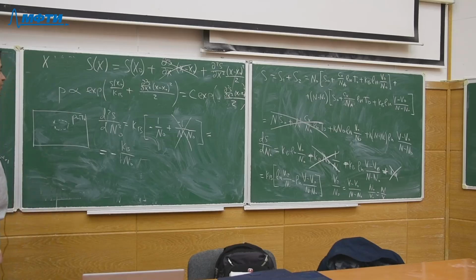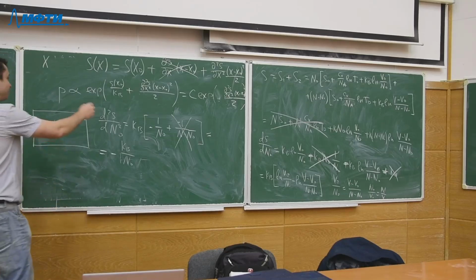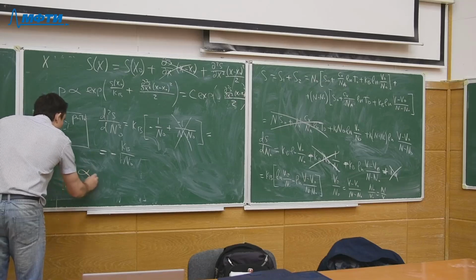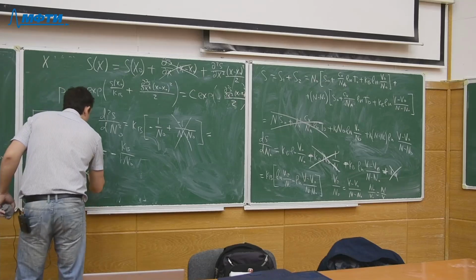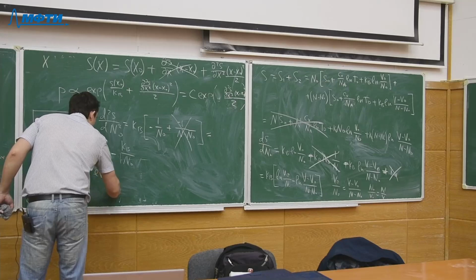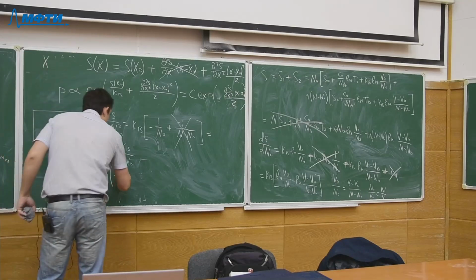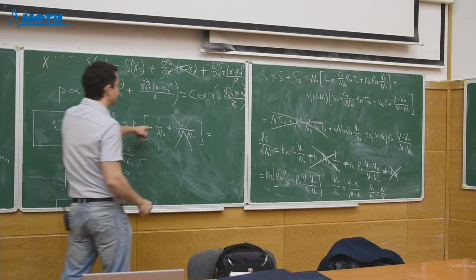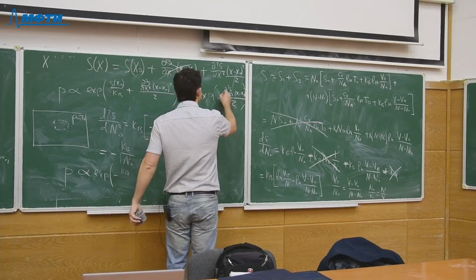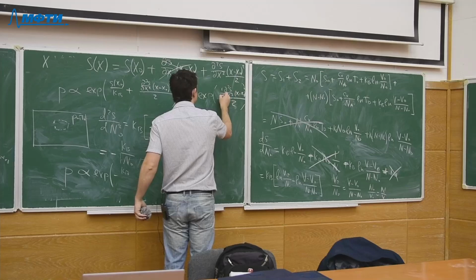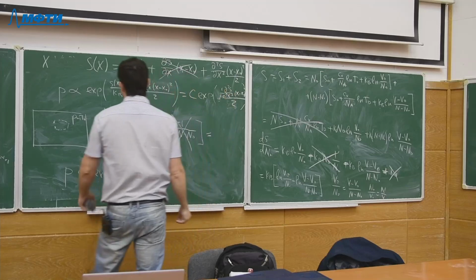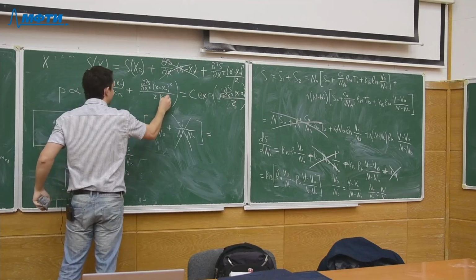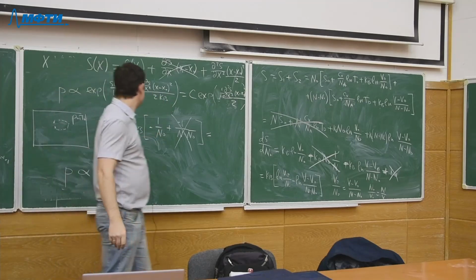And now I can write the probability distribution for the number of particles in that volume. The probability is proportional to the exponent of minus kb. Oops, there is no kb here because I need to divide this by kb. In my expression, I have S over kb, so there is no kb.